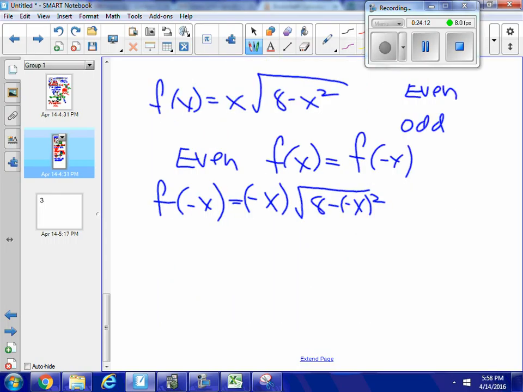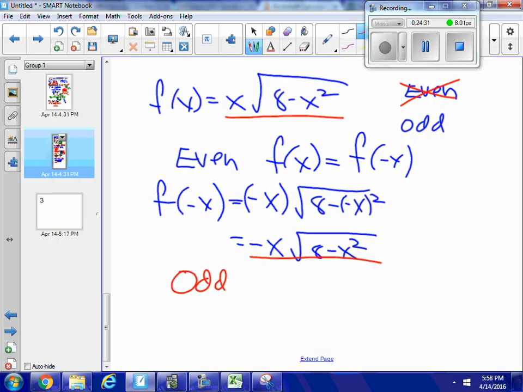And if I simplify that, that's going to equal negative x times the square root of 8 minus x squared. Well, this is not the same as that. So it's not even.